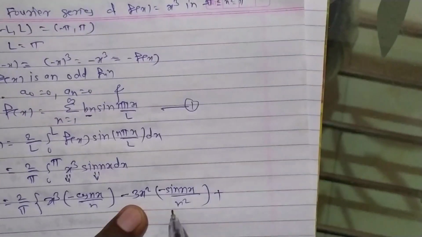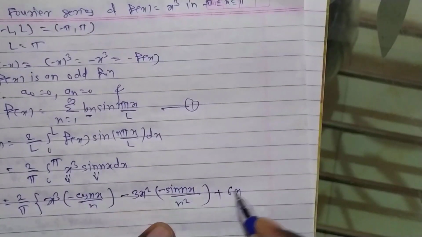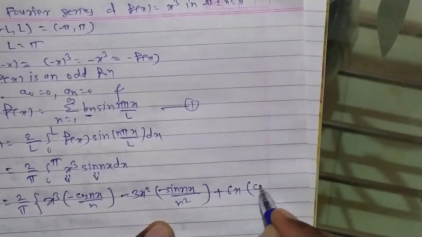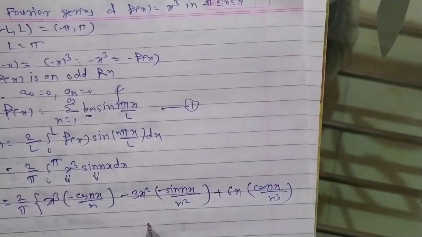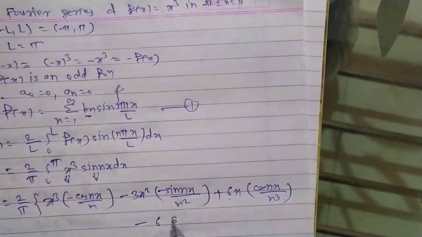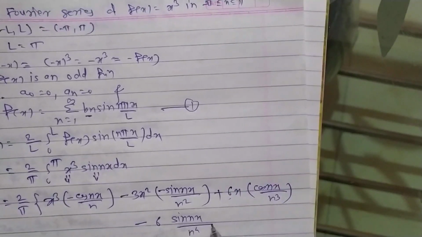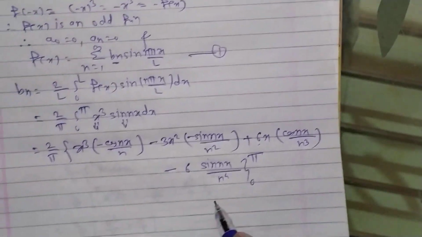Take the derivative of this term, integration of this term. So the derivative of 3x square is 6x, and the integration of this one is minus plus cos nx upon n cube, minus the derivative of 6x is 6, and the integration of cos nx is sin nx upon n into n cube, which is n raised to 4, and the limit is x varies from 0 to pi here.